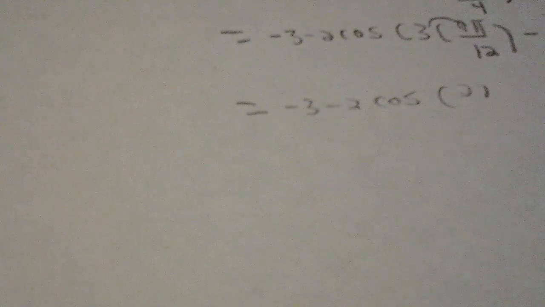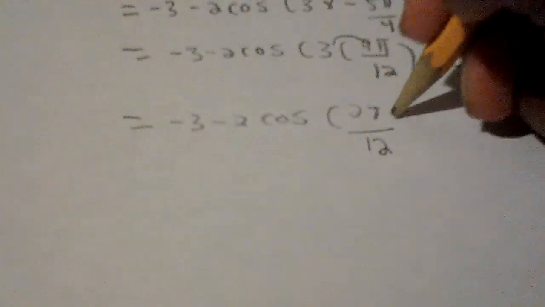Then, writing it over again, 3 times 9 is 27, over 12. 27 pi. You always have to remember to do the pi.